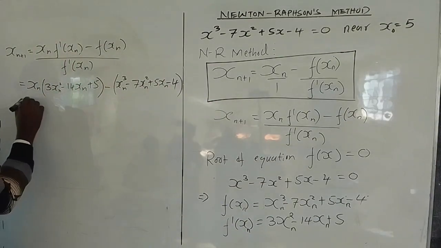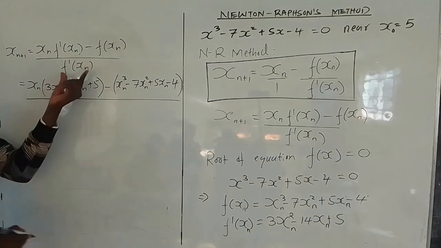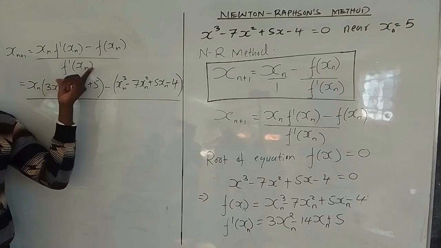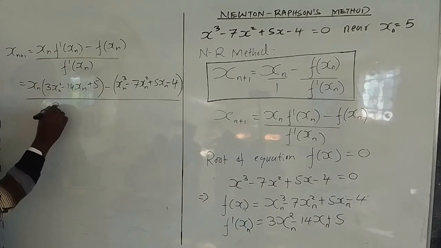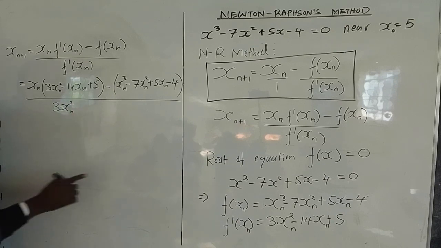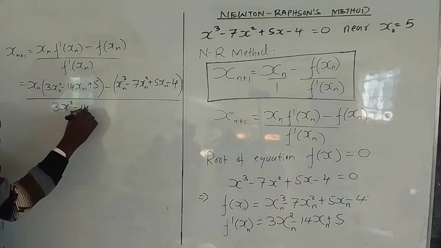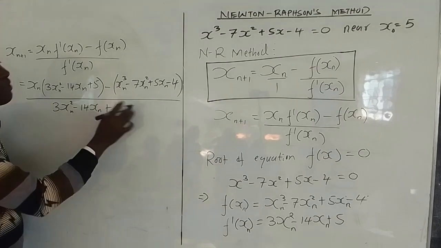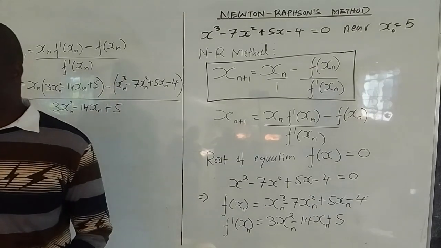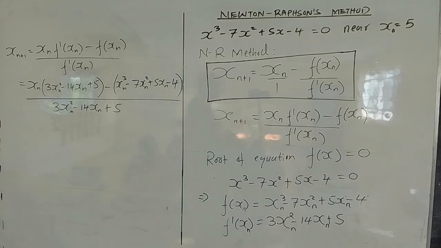Then everything is over f prime of xn, which is 3xn squared minus 14xn plus 5. Having substituted everything, the next thing you do is to simplify.